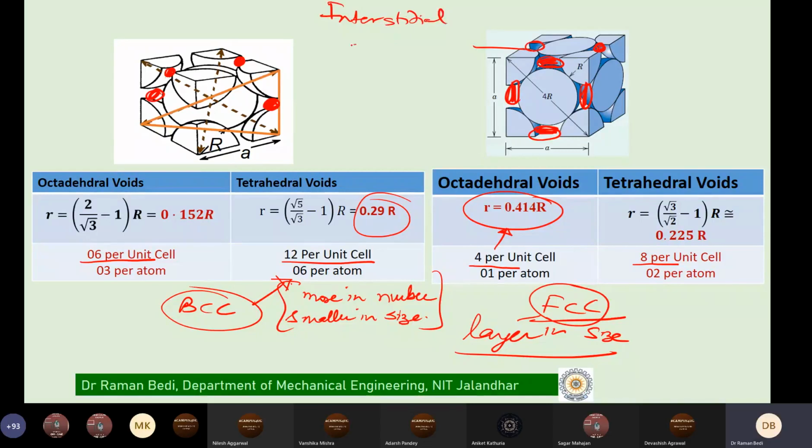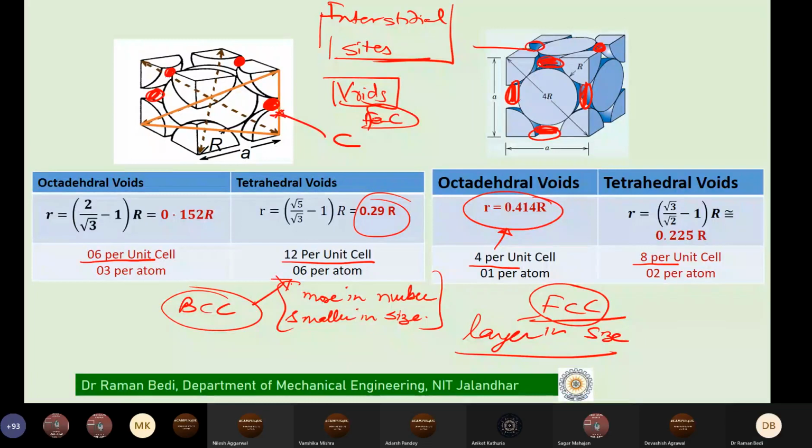But now we call them interstitial sites in place of voids, the same meaning. The term sites is more useful to us because the number of sites where a carbon atom in an iron carbon system, or any other atom in a two element system, can be accommodated is larger in which case?